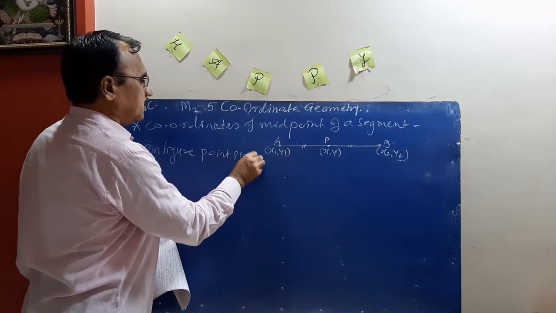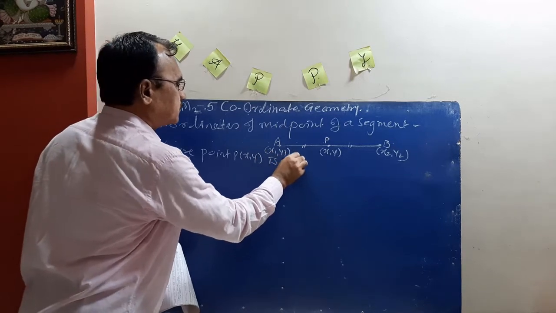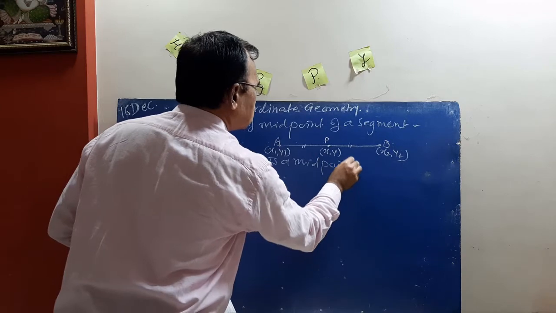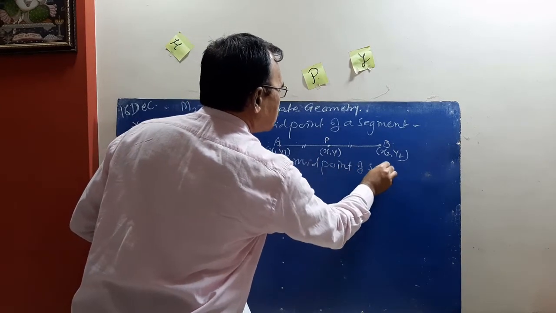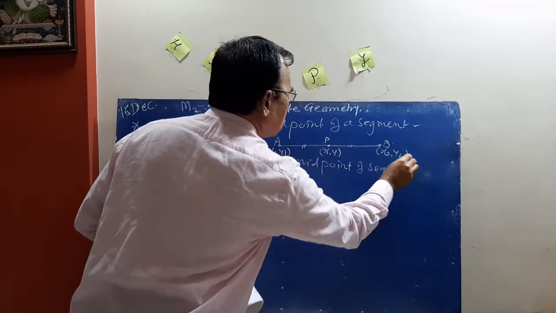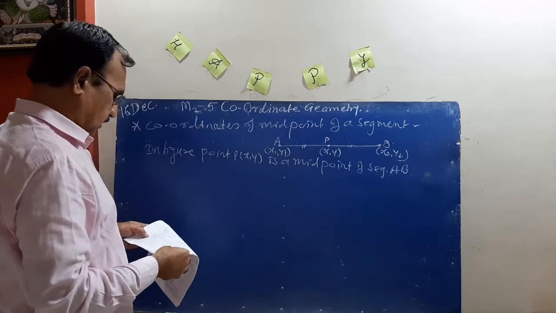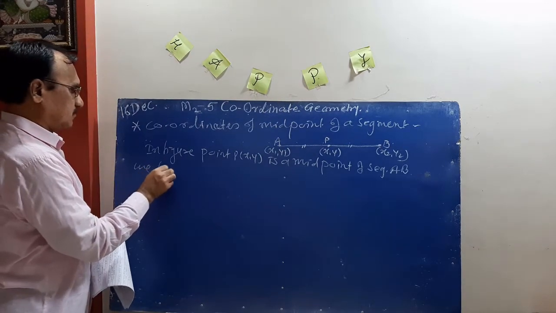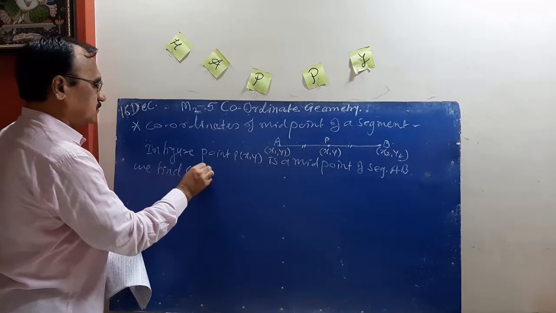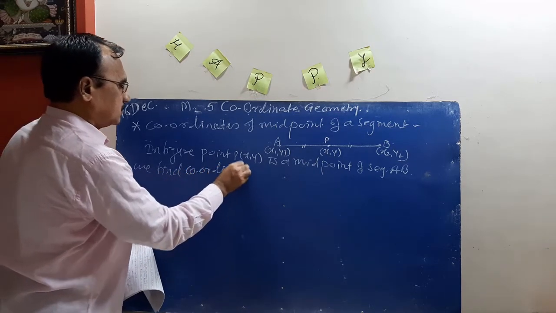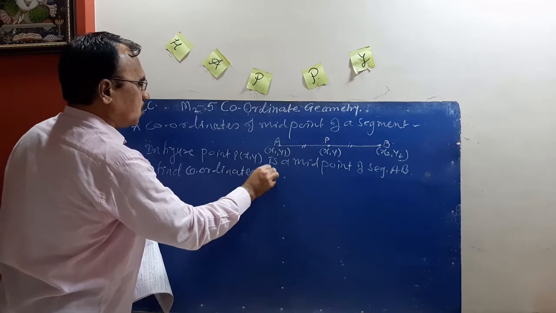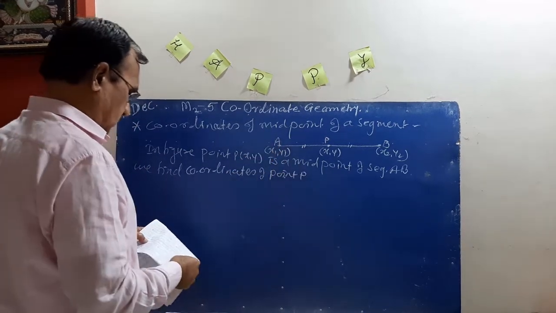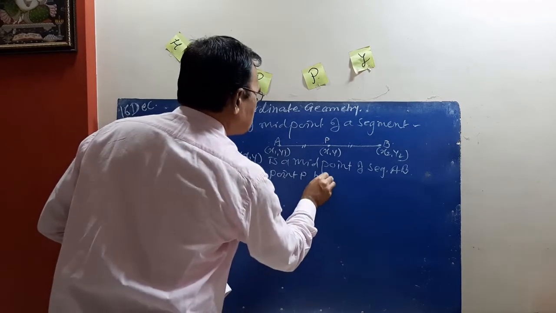Point P, x, y is the midpoint of segment AB. We find the coordinates of point P by the following formula.